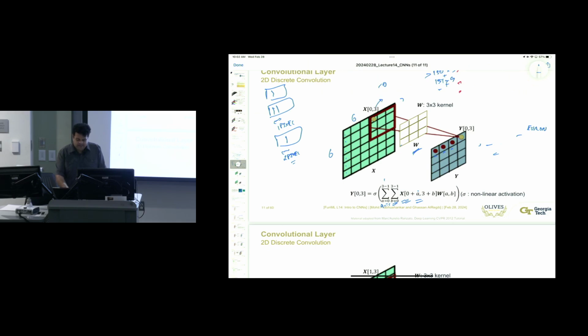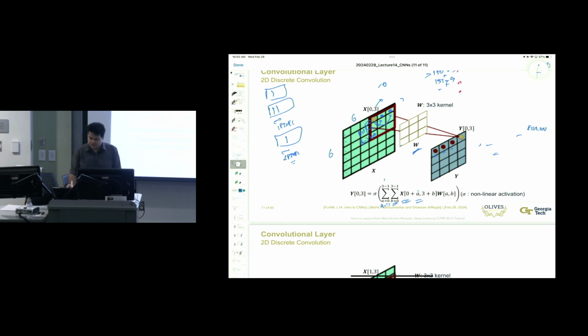A is the displacement across the rows. So if A is equal to 1, then that means we are considering this element here. If A is equal to 2, we are considering this element here. B is the displacement across the column. So if B equals 1, we are considering this element here. If B equals 2, we are considering this element here.